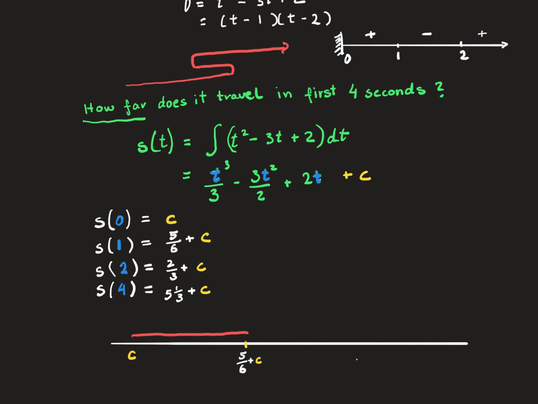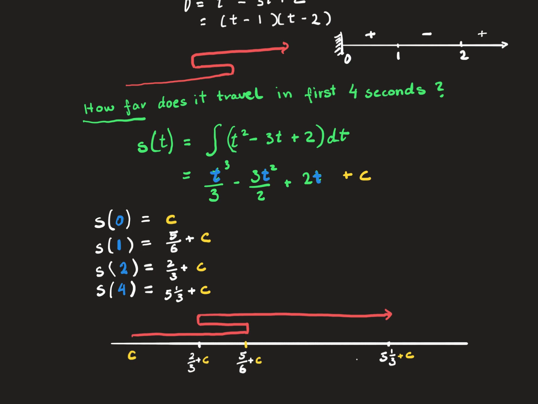After 1 second we know from our sign diagram that the particle moved left again, and it stopped at 2/3 plus c. After 2 seconds, the particle changed sign again and started moving to the right. So after 4 seconds, it stopped at 5 1/3 plus the constant c.